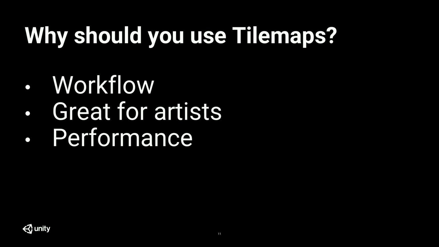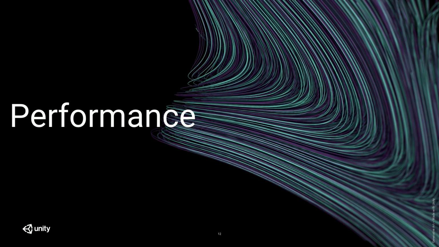And third, performance. The way that tile maps work under the hood means that it's more performant than using lots of sprites. And this talk covers how tile maps compare to sprites and why that matters when you're making a mobile game. But what is performance? Often when people hear the word performance, their brain jumps to frame rate. And while frame rate is a way to measure performance, it's not the only thing we want to be looking at.